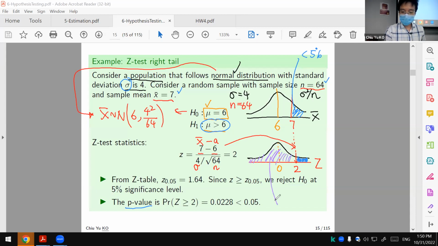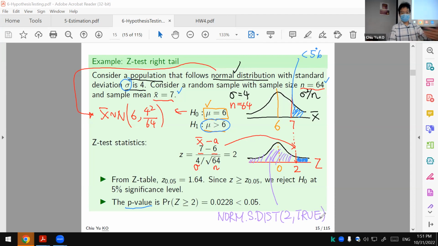This area is just norm.s.dist of 2, true. And maybe I write again because it goes to the other side. It's the norm.s.dist of 2, true.